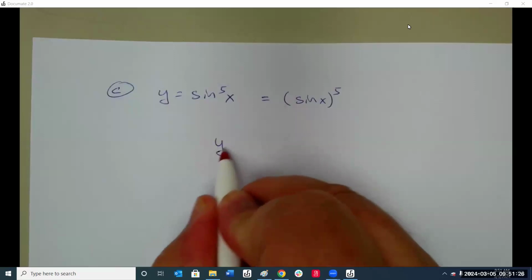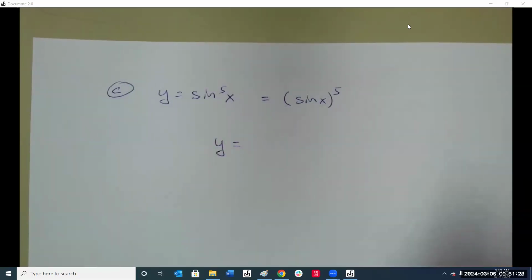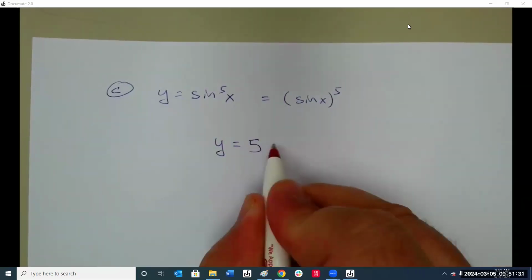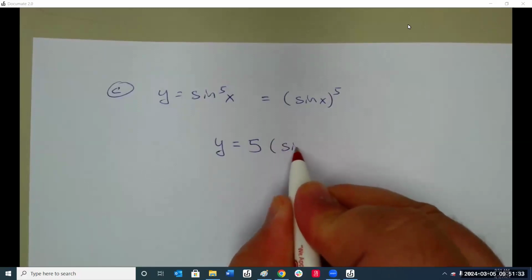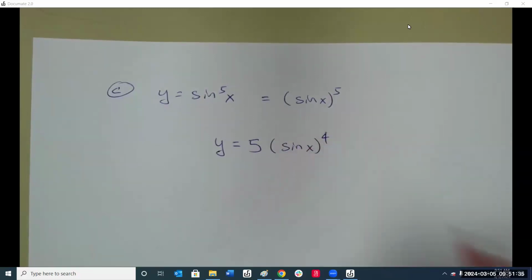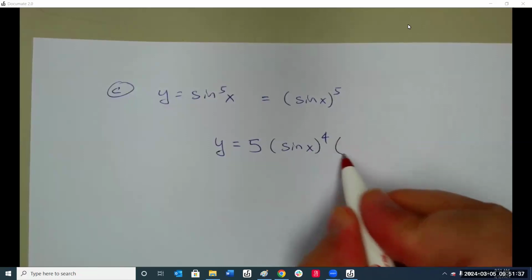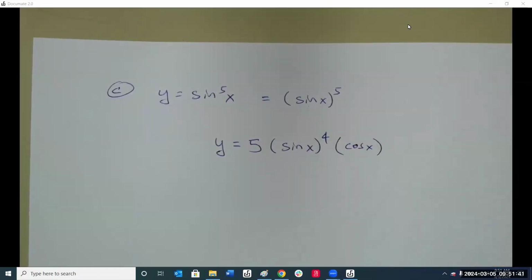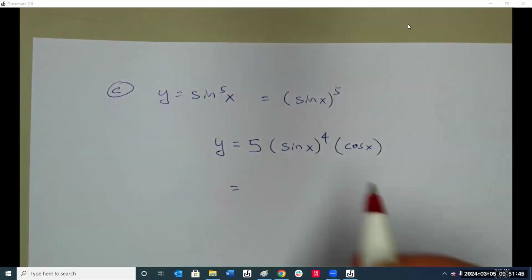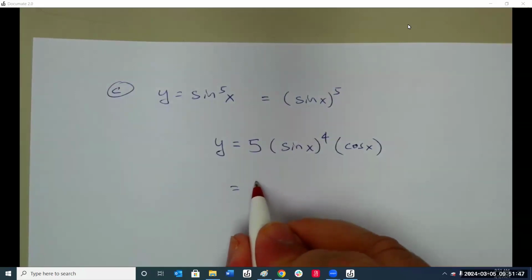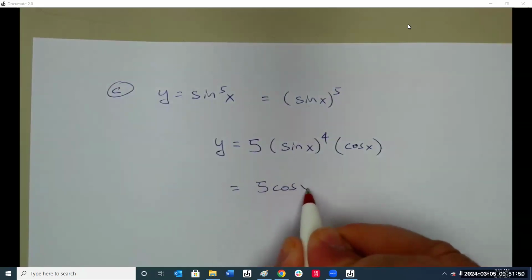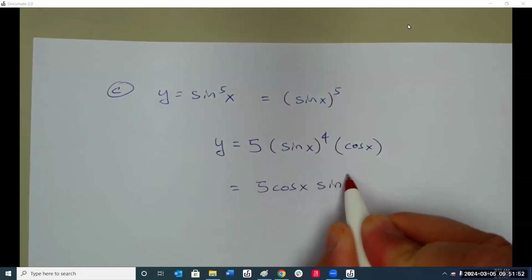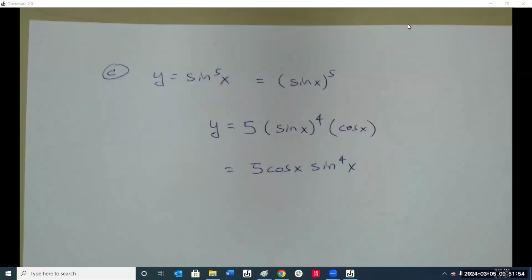So the derivative would be what? 5 sine x to the 4th, times the derivative of sine is cosine. Which makes the answer 5 cosine x sine to the 4th x.